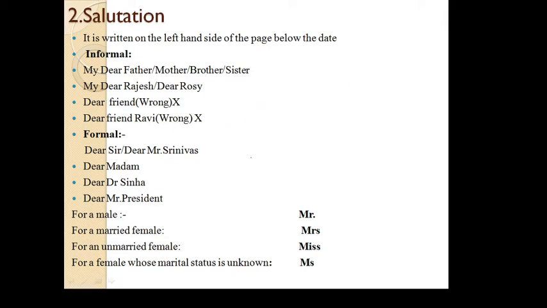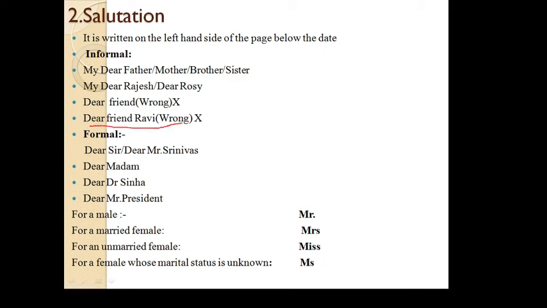But if you write dear friend, it is wrong. Dear friend Ravi is also wrong, because when you write a letter to a friend, you know the name of that friend, so you should mention his name. So the model dear friend is wrong, dear friend Ravi is also wrong.